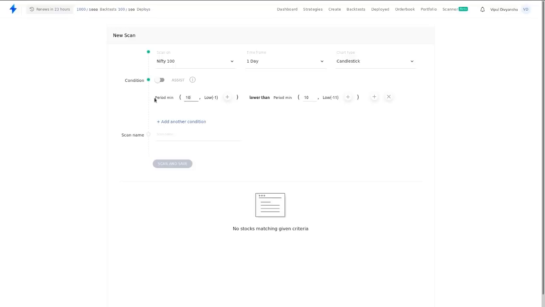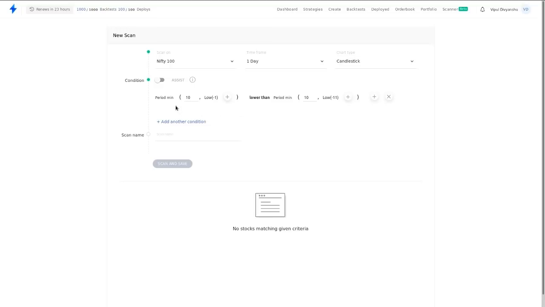The first line identifies the lowest low that was formed in the last 10 candles. Now this identifies the lowest low that was formed in the 10 candles before that, going back.